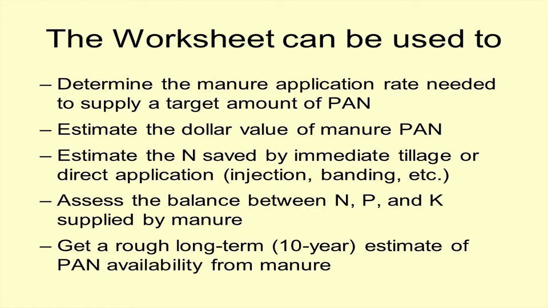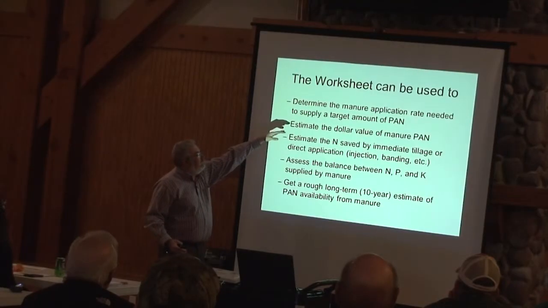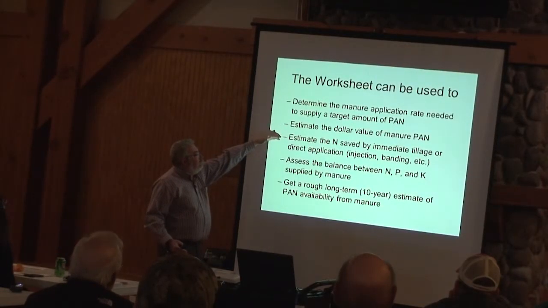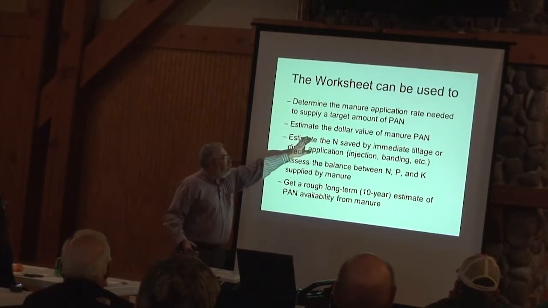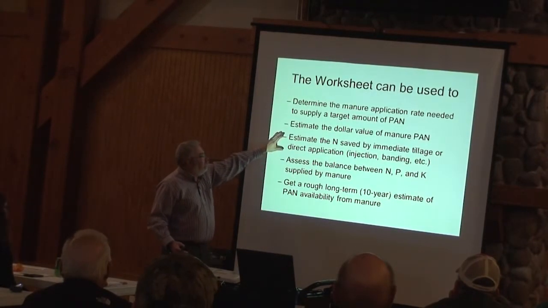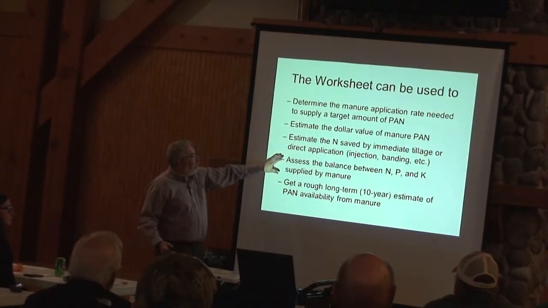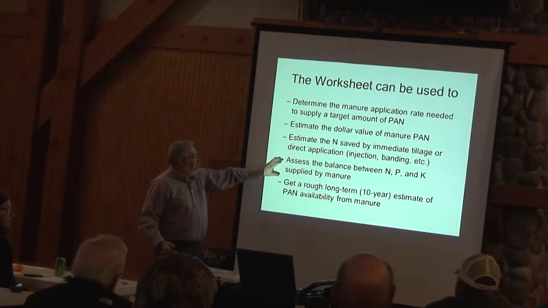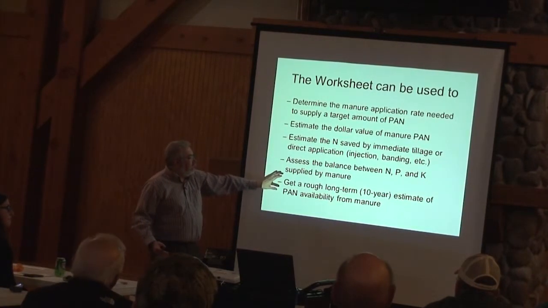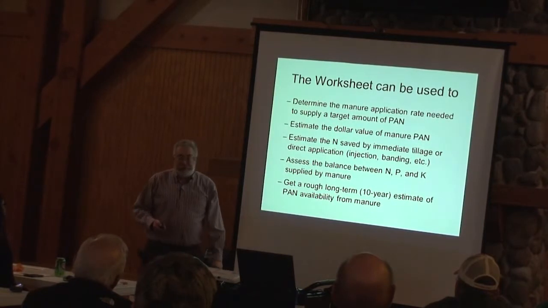You can also use it to estimate the dollar value of plant available nitrogen from manure. It will also estimate the N saved by immediate tillage or direct application, an efficiency factor for how you apply it. It will also help you balance out how much N, P, and K you supplied by manure, and get a long-term estimate of 10-year plant available nitrogen from manure.